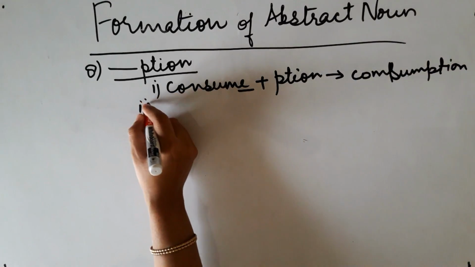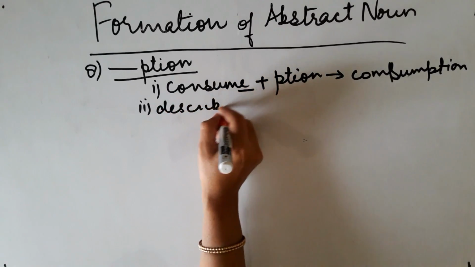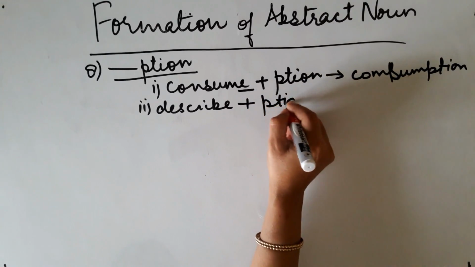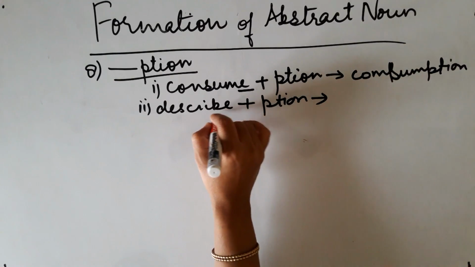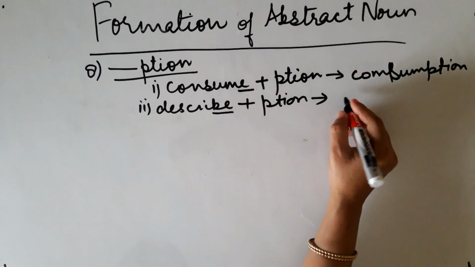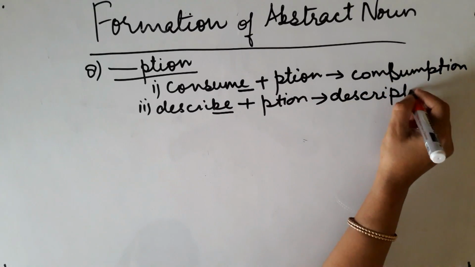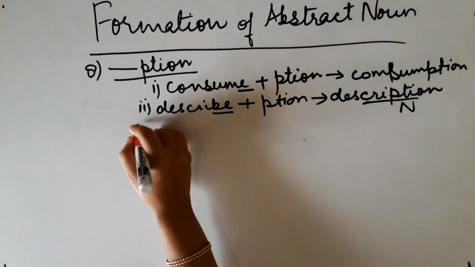We have words like describe, we are adding p-t-i-o-n. Now while adding p-t-i-o-n, before that we will replace b-e and it becomes description, which is again a noun.